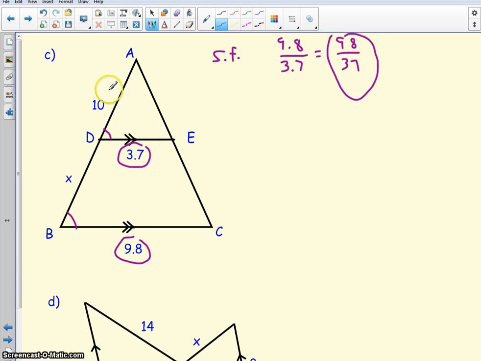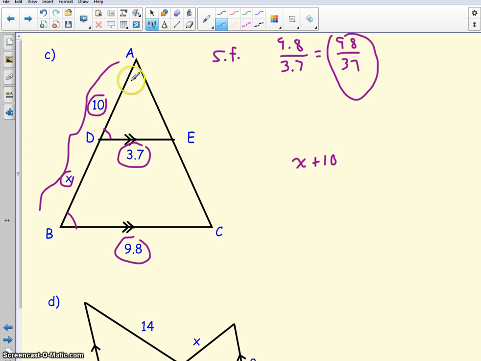Now, where this gets a little bit tricky is figuring out what my lengths are for my larger triangle and for my smaller triangle. So for this larger triangle right here, I'm looking at this whole side length AB, and that length is going to be x plus 10.